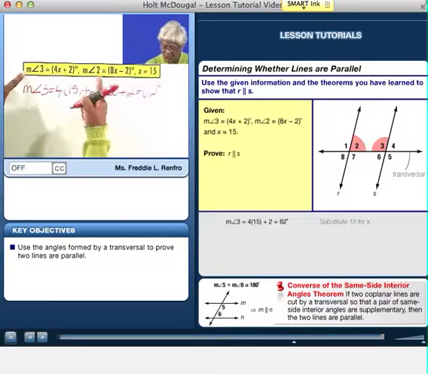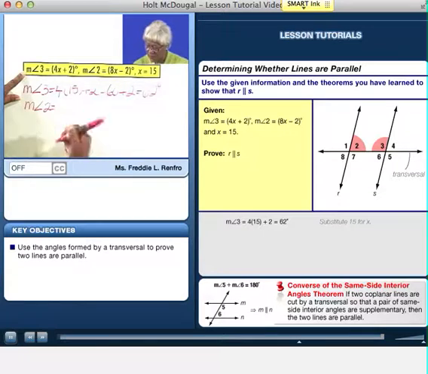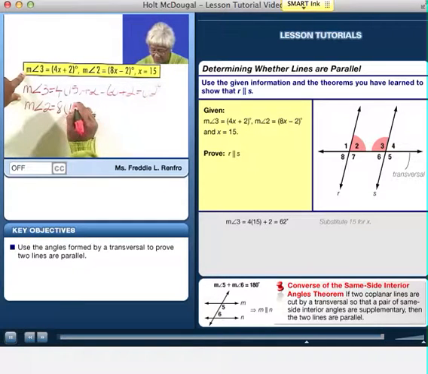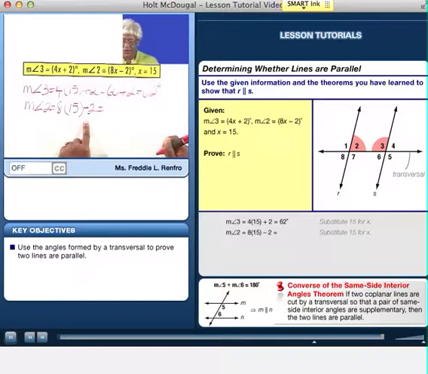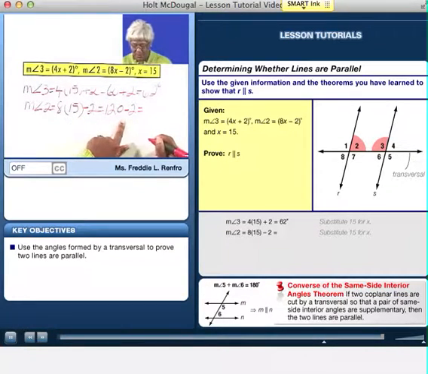Let's look at angle 2, the measure of angle 2. It's equal to 8x minus 2. Well, in place of x, I'm going to substitute 15. Well, 8 times 15 is 120. Minus 2, well, when we subtract, what do we get?